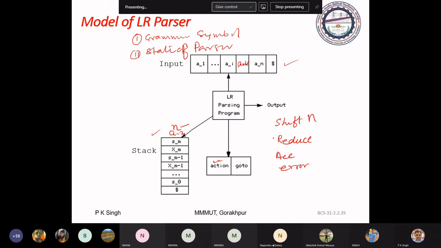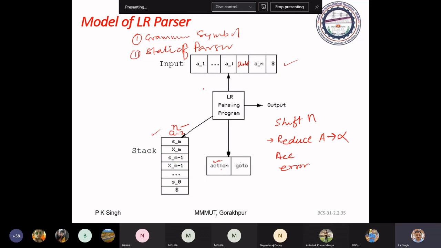Suppose this action is reduce, means in this action field you have the reduce action, reduce by this production A to alpha. It is bottom up parsing, so you have alpha here on top of stack.